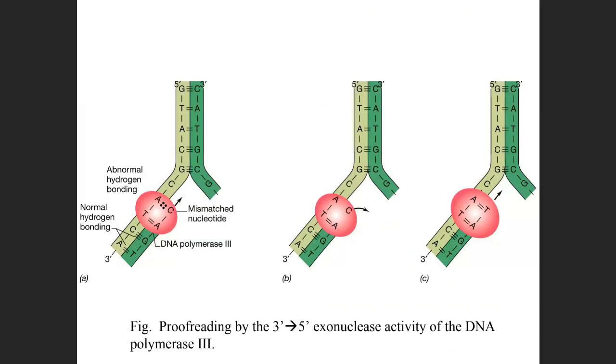So back to the question of why DNA polymerase 3 is so accurate in replicating. Does it ever make mistakes? Well, it does make mistakes. The trick is that when it makes a mistake, it finds out immediately.